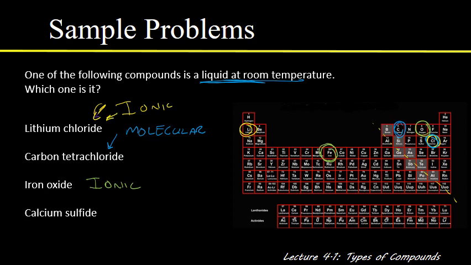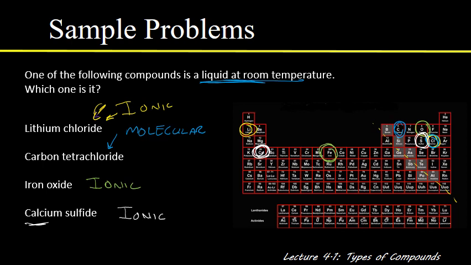And calcium sulfide. Right, calcium is over here. That is an alkaline earth metal. And sulfur is over here. That's a nonmetal. So we've got a metal and a nonmetal. So calcium sulfide is going to be an ionic compound, right?